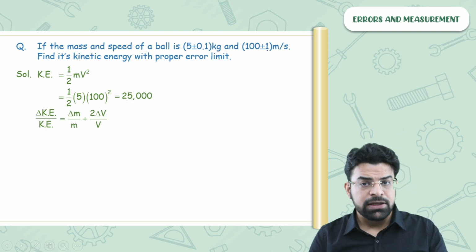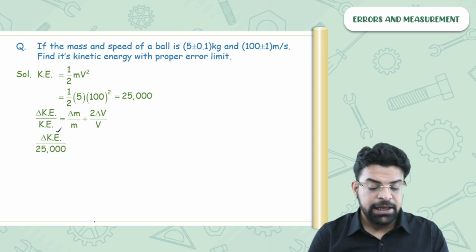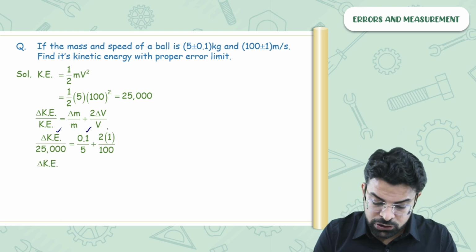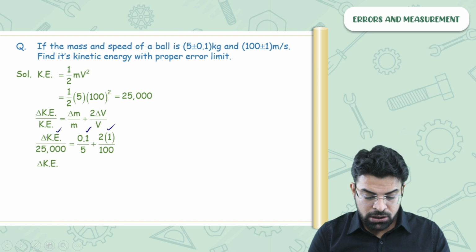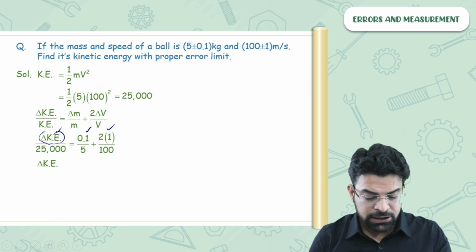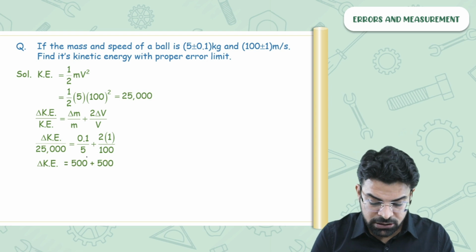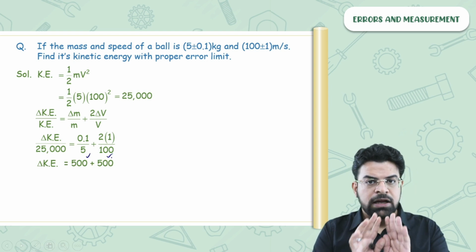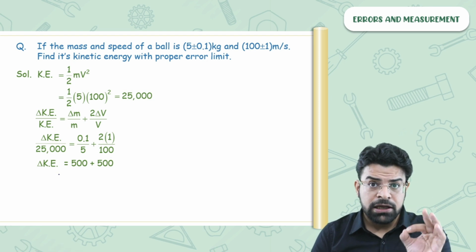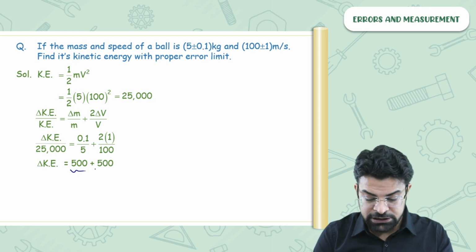So substituting the data, we get delta KE by 25,000 equals 0.1 by 5 plus 2 into 1 by 100. So as to find delta KE, multiply 25,000 on the right hand side. So what you get is 500 plus 500. Do the calculation, it's right. So you get the error in the measurement of kinetic energy is nothing but 1000.